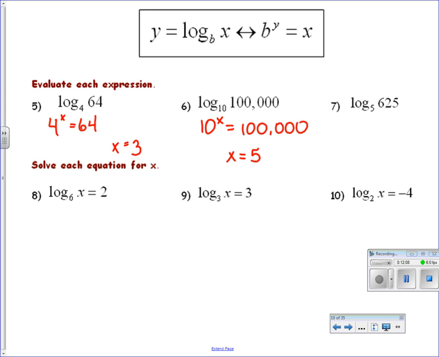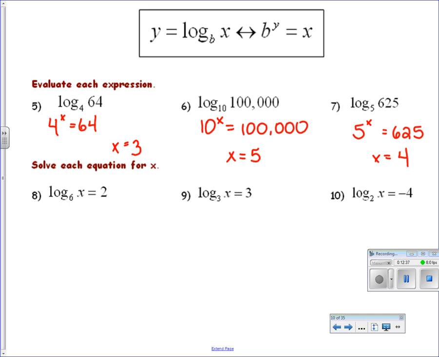Okay, and then the next one, 5 to what power makes 625? 4. You sure? Okay. Yeah, that's right. Okay, and that's all you're kind of doing. So when you're evaluating it, you really don't necessarily need to use a calculator. You can just kind of figure it out. It's not horrible. And then for 8, 9, and 10, all you're going to do is just figure it out.